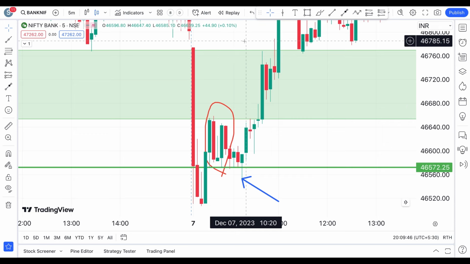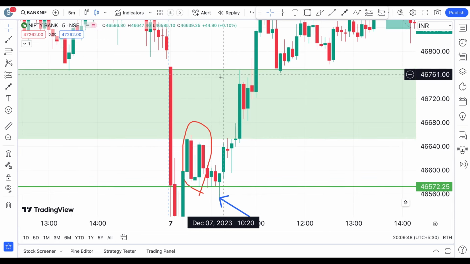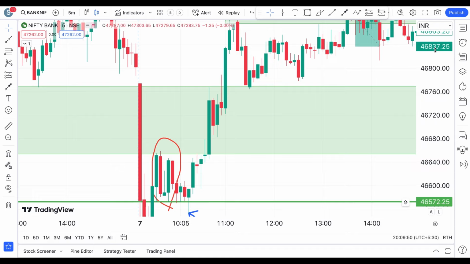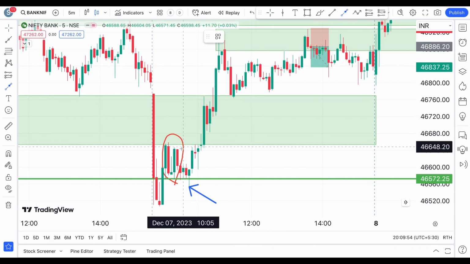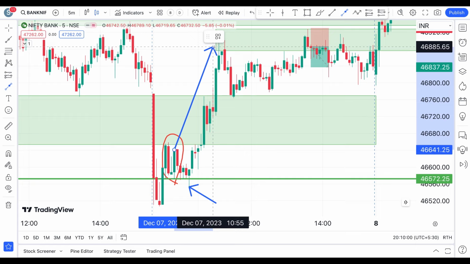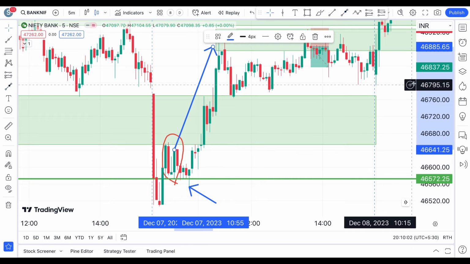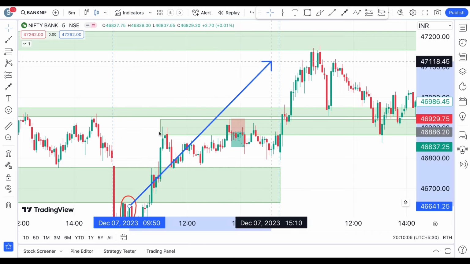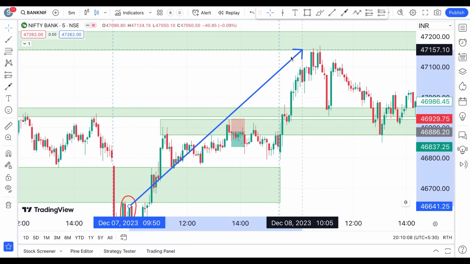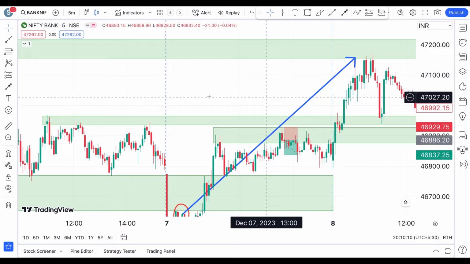Yet irrespective of that resistance area being there, you see the kind of momentum that this pattern has created. Here you would have entered. If you see a larger picture, see the kind of momentum that you have there.